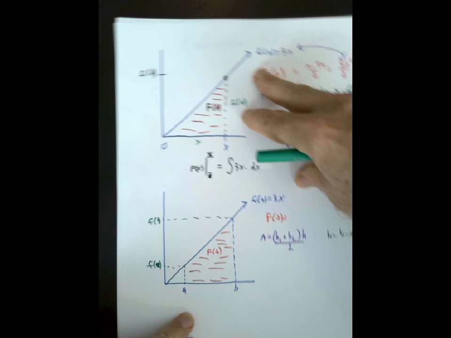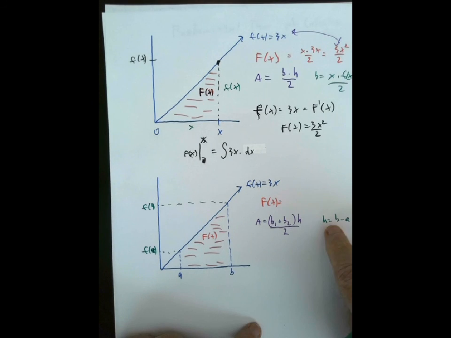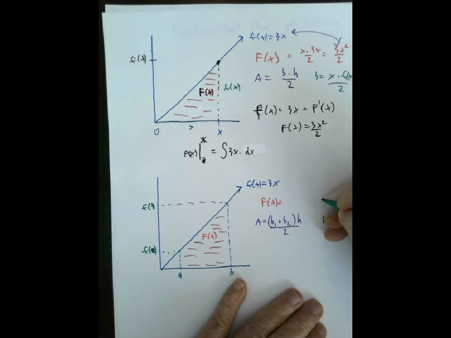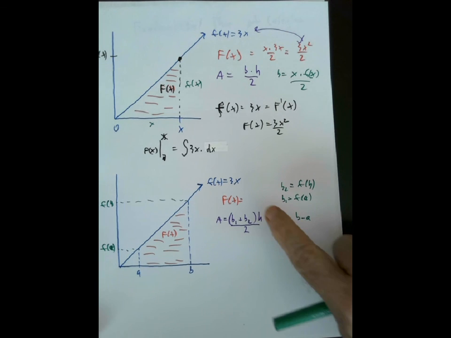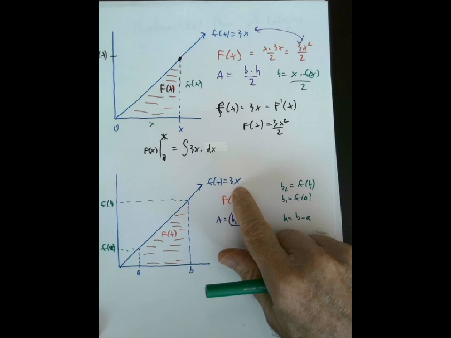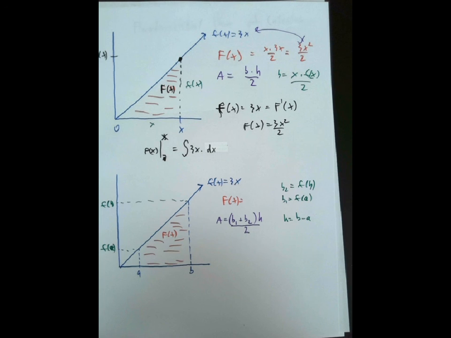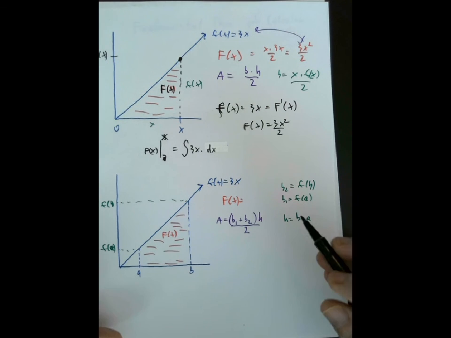Substituting in, base 1 is going to be f of a, and base 2 is going to be f of b. Now, f, of course, is 3x, so I'm going to write it down here.